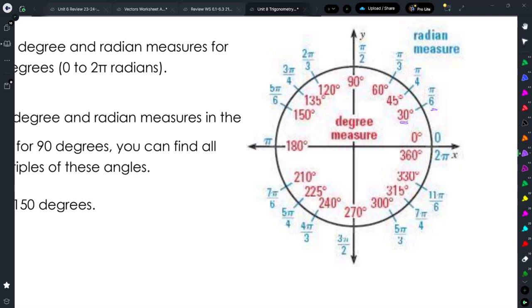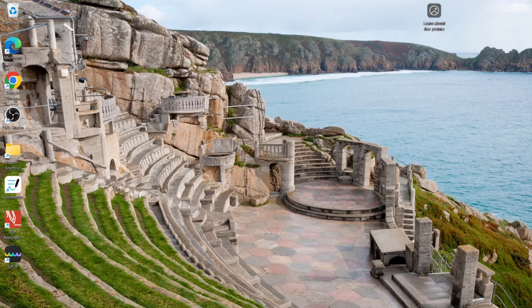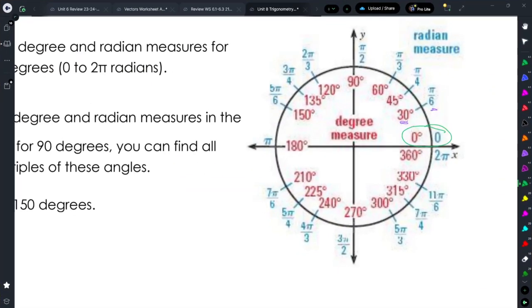Now, what we're going to focus on a lot today is the idea that 0 degrees and 0 radians are the same measurement. We have 90 degrees and pi over 2, and that is our first quadrant here. From 0 degrees to 90, that's in quadrant number 1. So any radian measure that's smaller than pi over 2 is in quadrant 1.